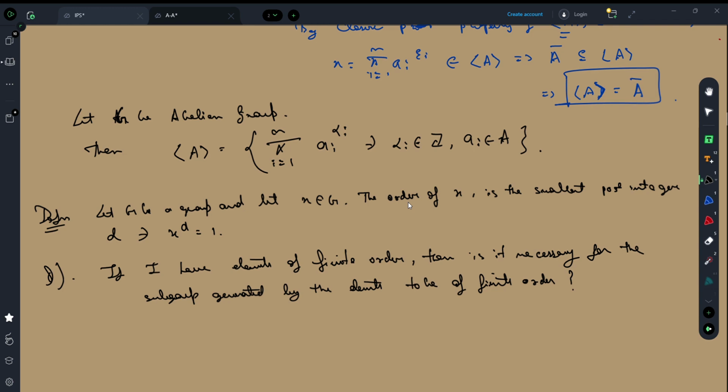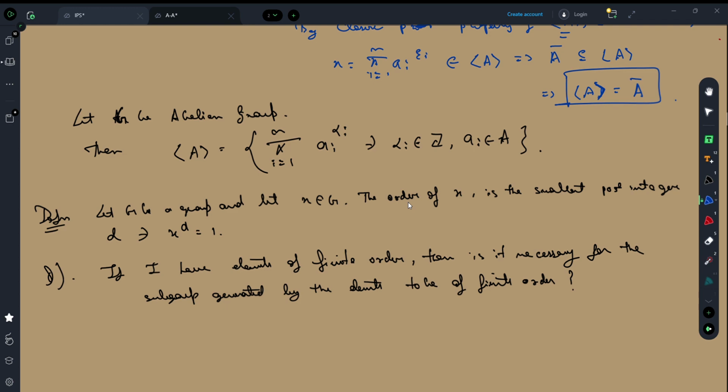Now order of a subgroup is simply its cardinality. So that's precisely our question. Okay. So how can we answer this? Let's try and answer this out.